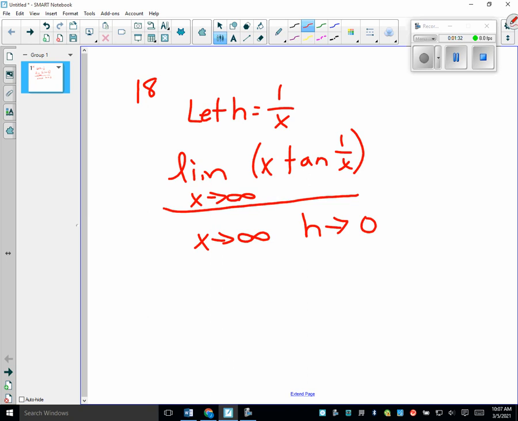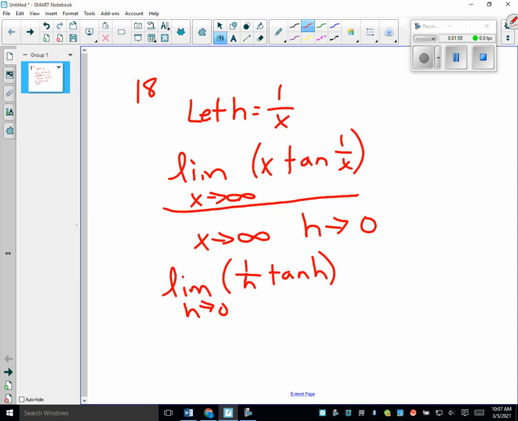So when I rewrite with this h, I have the limit as h approaches 0 of 1 over h tan h. Do you agree with that? Why did we go 1 over h?